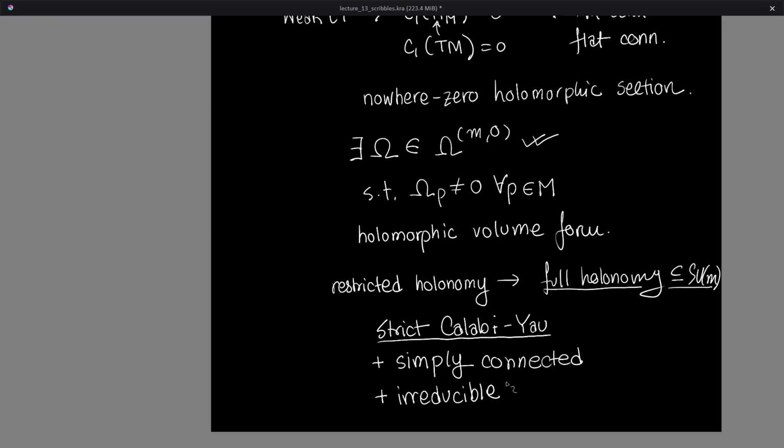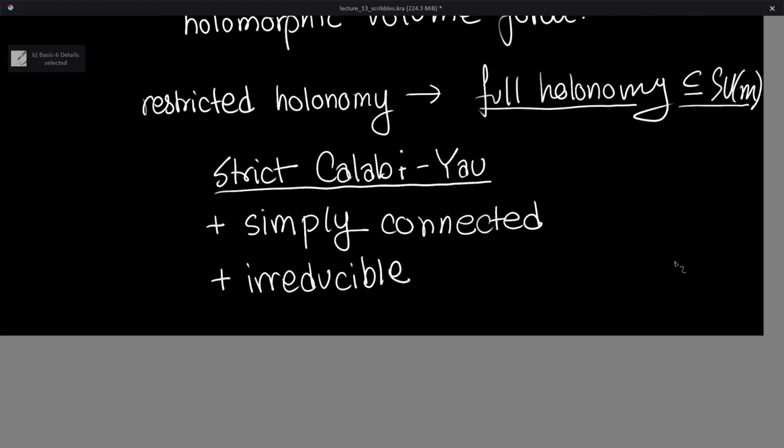And sometimes, for the strictest conditions of a Calabi-Yau, we want them to be irreducible. And this means that we get this really nice property that h^{p,0} is equal to 0, for all p between 0 and m, strictly.